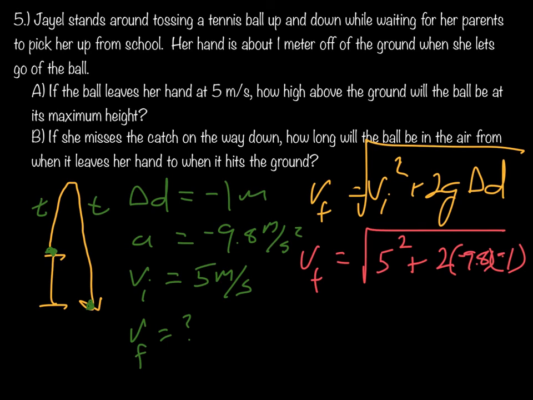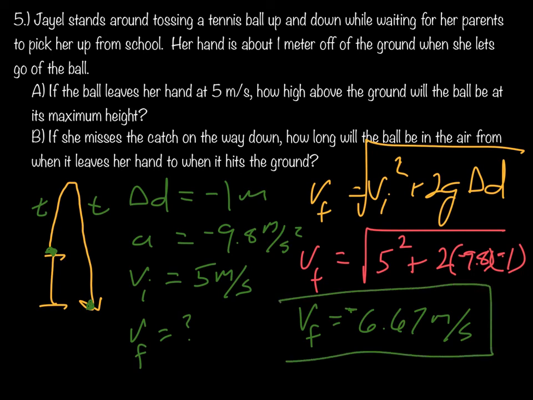And we get an answer of VF equals 6.67 meters per second. Now this is going to give you a positive number, but remember when you take the square root of something, your answer is either positive or negative. So we have to think about the situation and realize that the ball is going down, so this final velocity should be a negative number because it is going down. So let's go ahead and write it as negative.